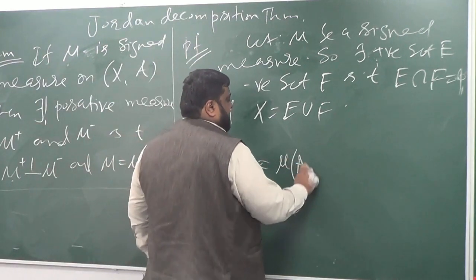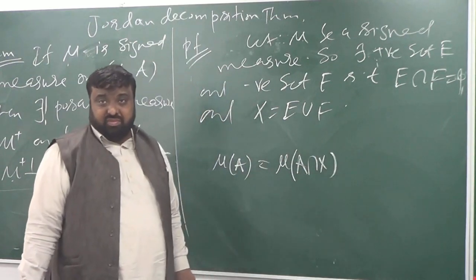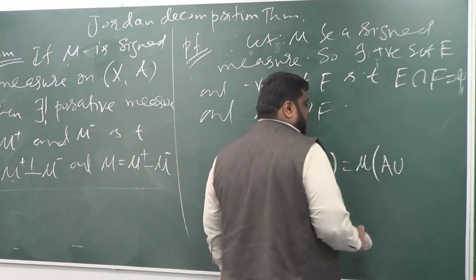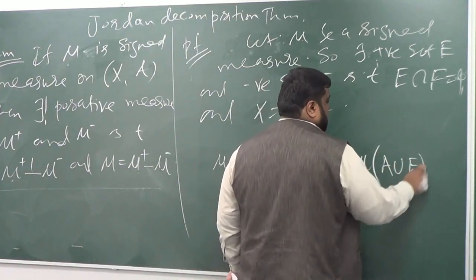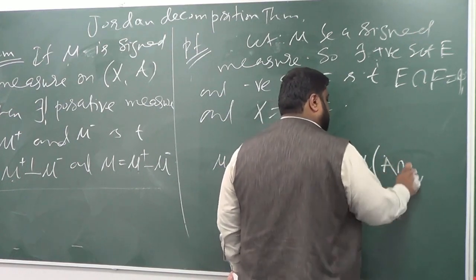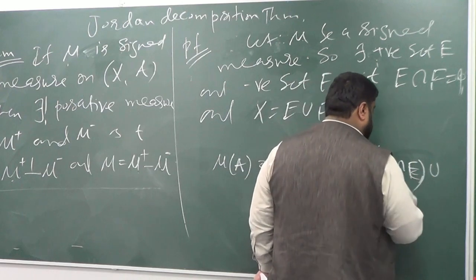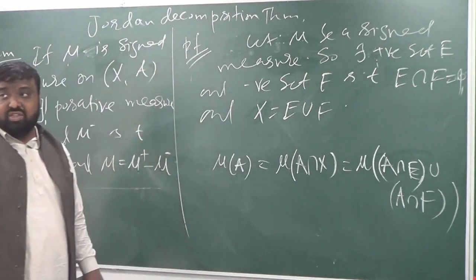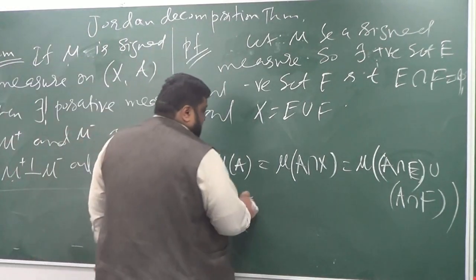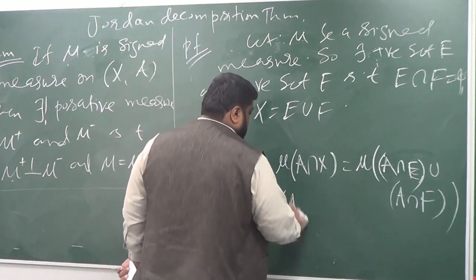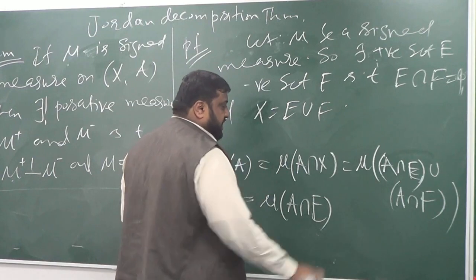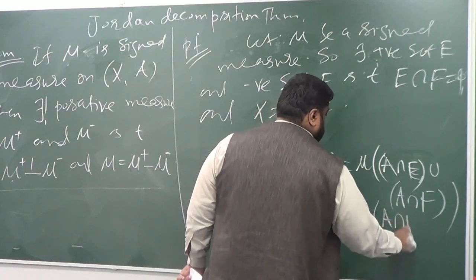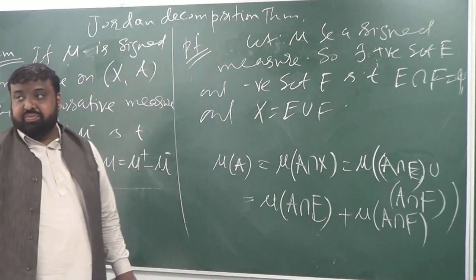Obviously, I can write this as A intersection X. And obviously, I can break it down into two parts: A intersection E union A intersection F, one part common with E and the other part common with F. So this is the same as mu of A intersection E plus mu of A intersection F. Are we happy with it?